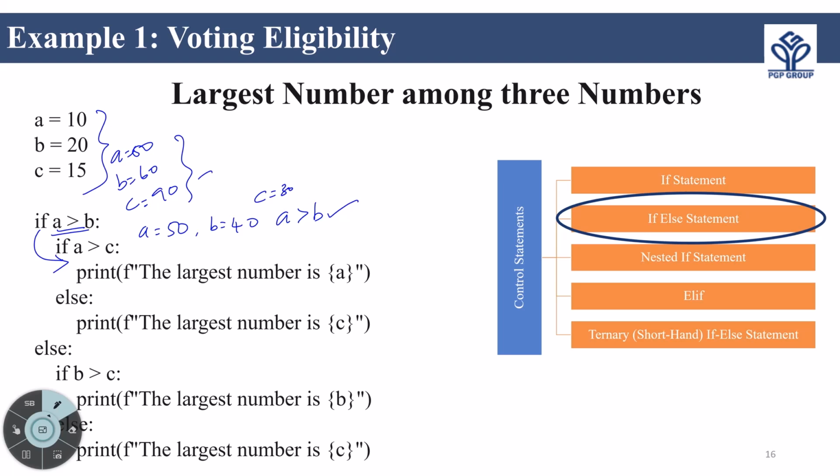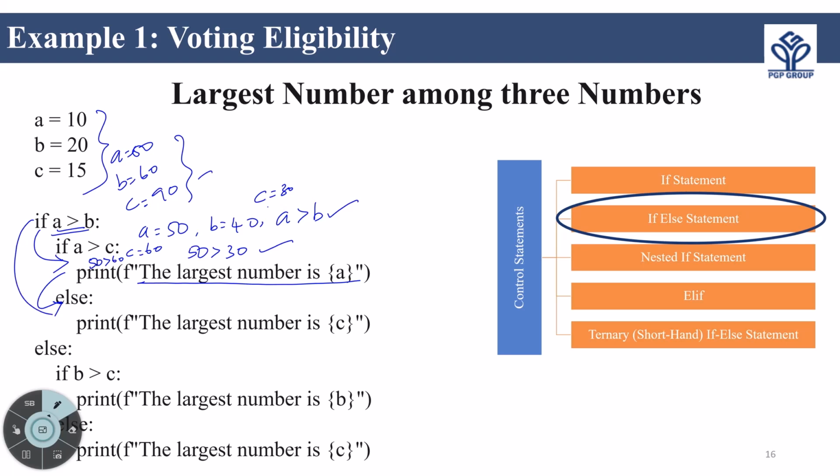Okay, A, B, C. Clear? So A value is 50 greater than 30. This condition is also true. So print the largest number is A. Suppose we are getting C is equal to 60. To check the condition, 50 greater than 60. This is false. So we are going to the false statement.